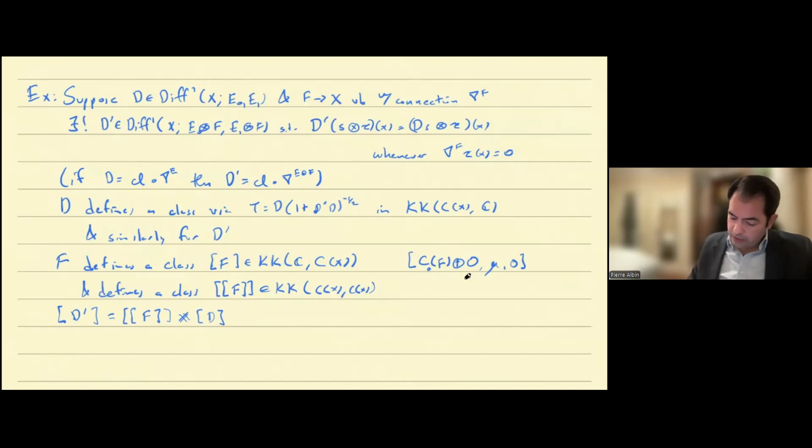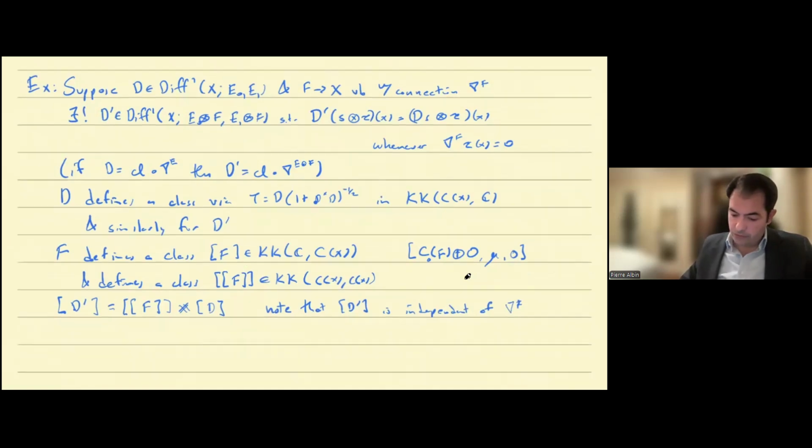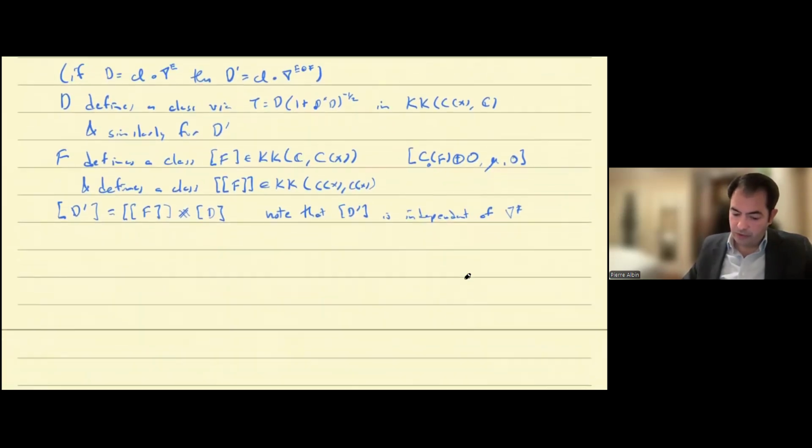So notice that the Kasparov class here is independent of the connection, because it's equal to this product. But to define D prime, I made use of the connection. So that's something typical of Kasparov products, at least in practice.